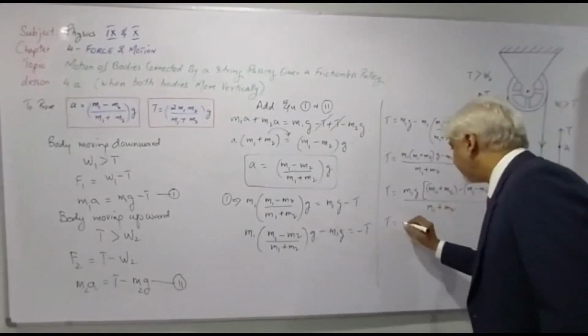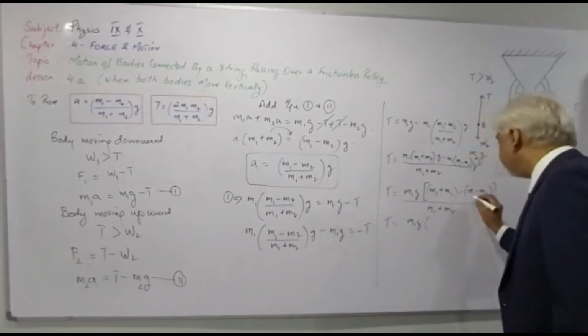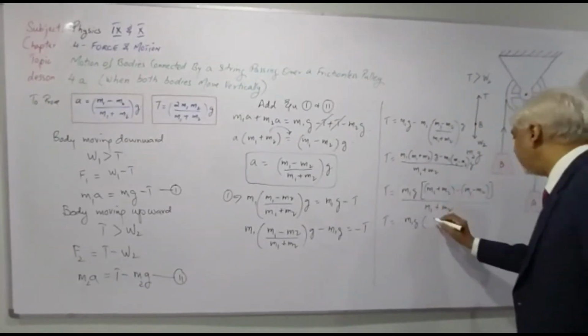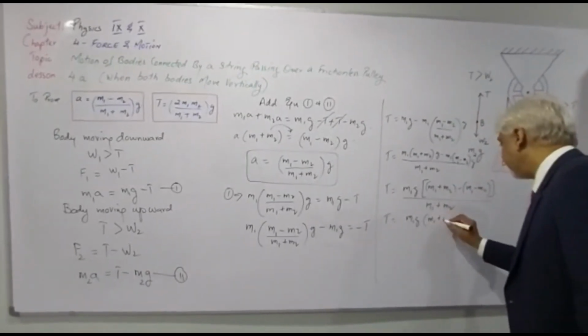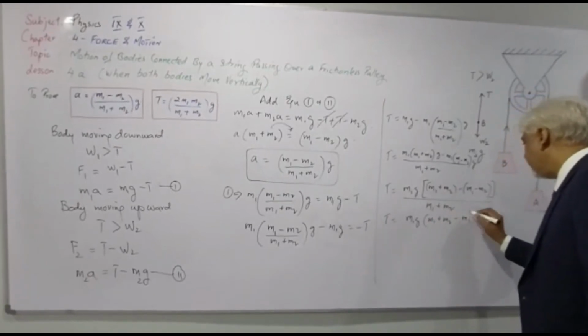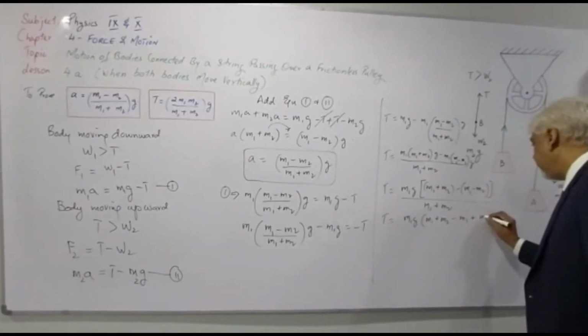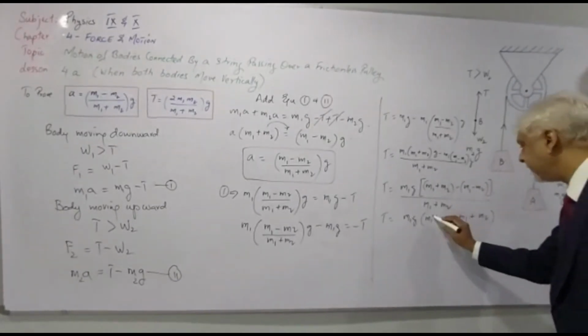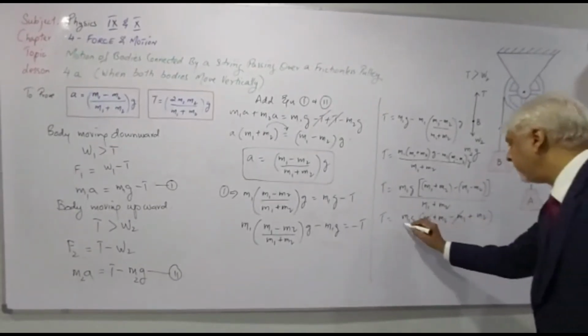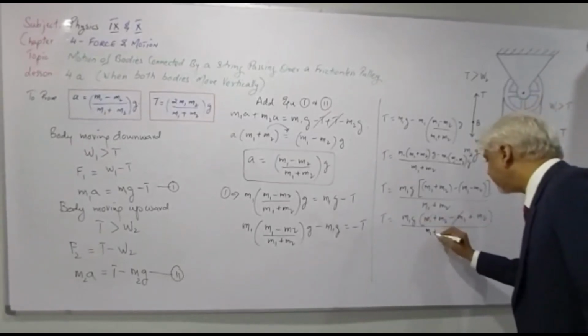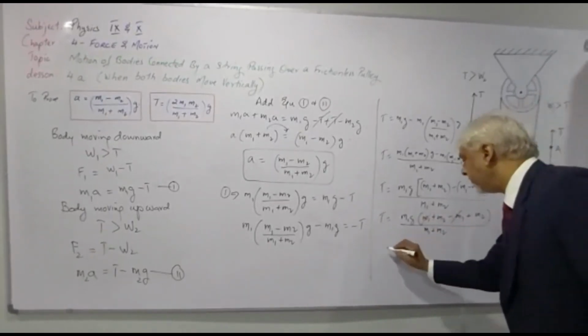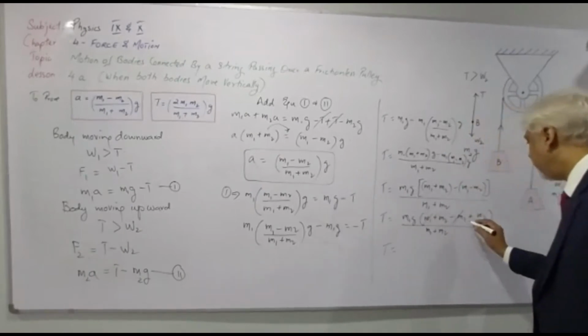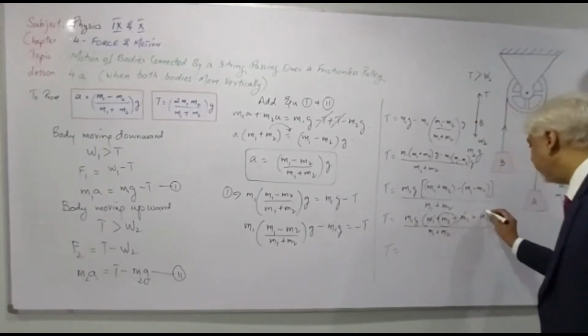So this tension will now be m1g. Let's expand this: m1 plus m2 minus m1 plus m2. You can see that plus m1 minus m1 will cancel over m1 plus m2. So hence tension equals m2 plus m2, which gives you 2m2.